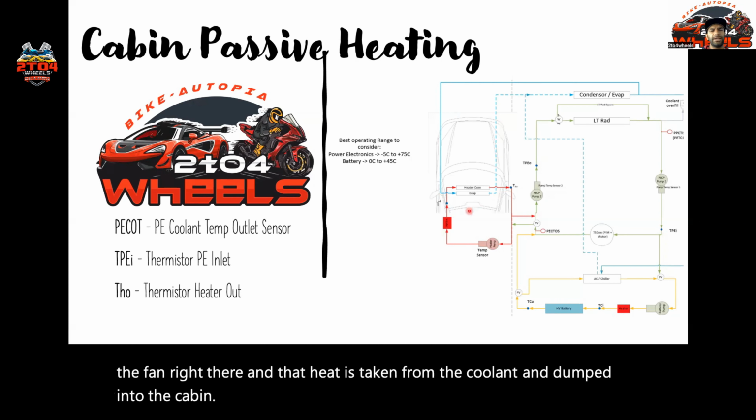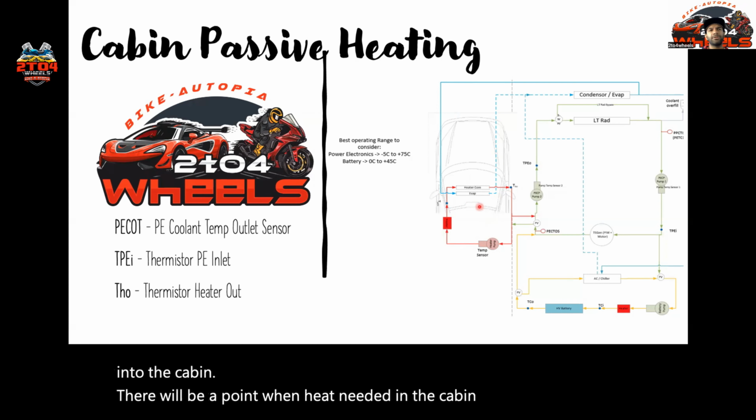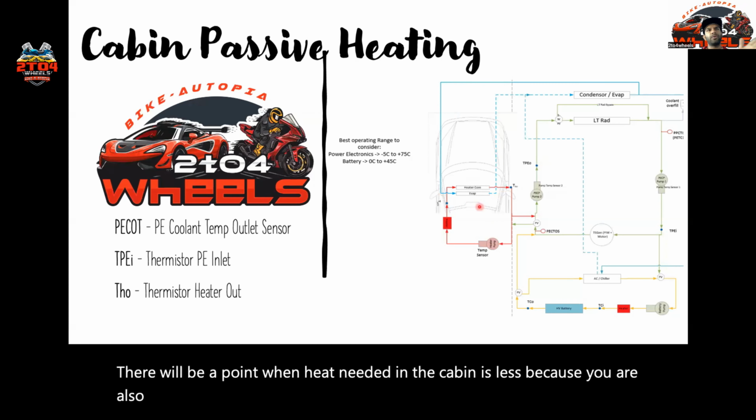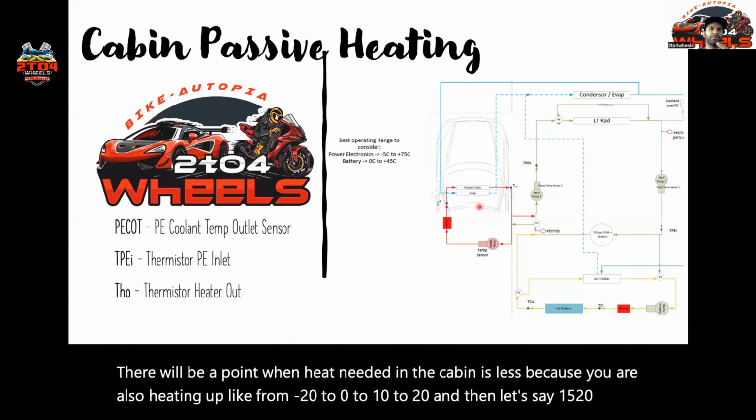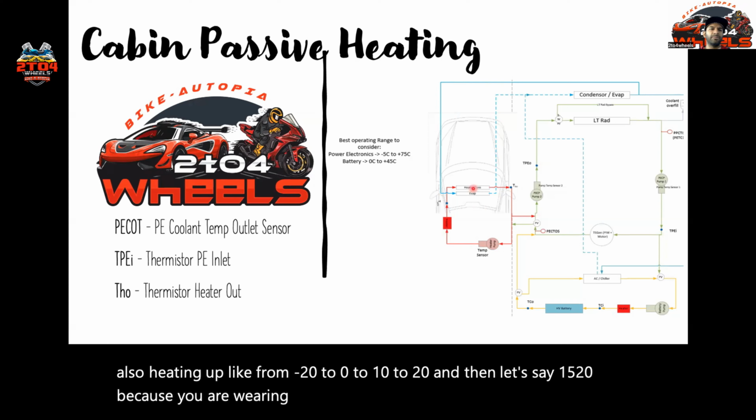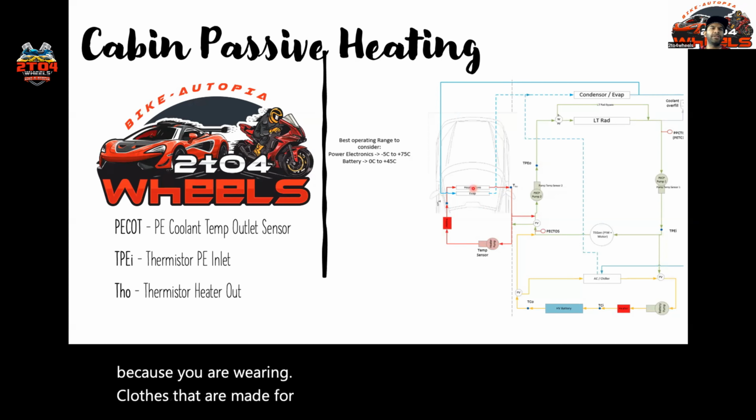There will be a point when the heat needed in the cabin is less, because we are also heating up from negative 20 to 0 to 10 to 20, and then let's say 15, 20, because you're wearing clothes that are made for colder climates.